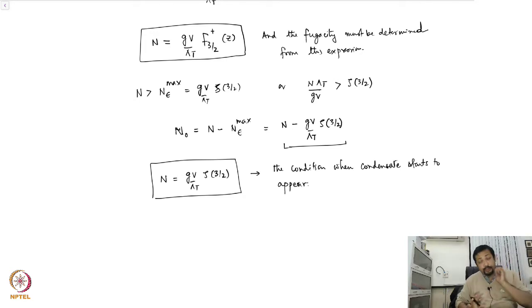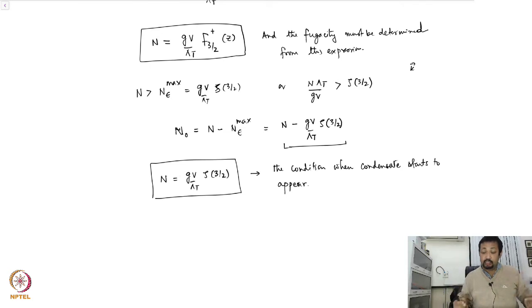Again, at this point I would like to reiterate that even though we are talking about a condensation, and whenever one talks about condensation one visualizes a condensation in real space, it is not really a condensation in real space. It's actually a condensation in momentum space. The single particle levels are labeled by the momentum vector k.